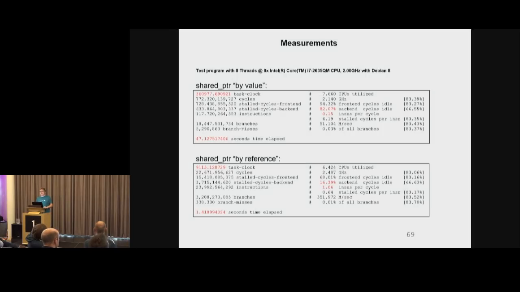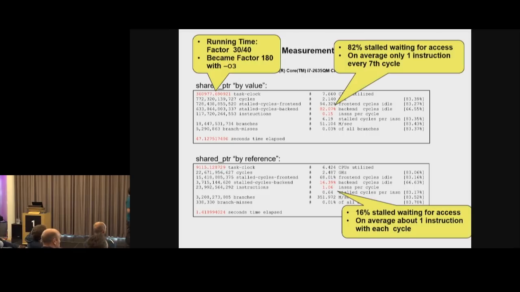We have different numbers. It's not the exact factor that counts. Here's in the project where I just talked about, we also did some measurements, and we saw that the overhead was about factor of 40, and with minus 0.3 it became a factor of 80.